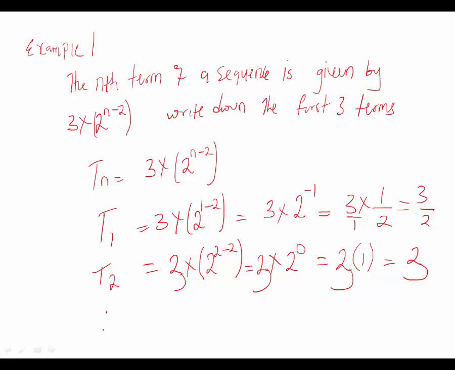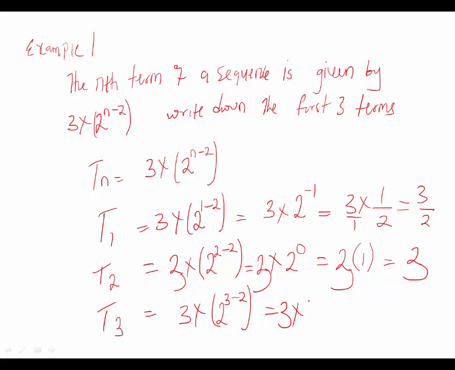Then for the last one, which is C, meaning 3 times 2 raised to the power 3 minus 2. This n is the 3, and this 2 is the 2 that we have here. So I'm going to say 3 times 2 to the power of 3 minus 2, which is 1.